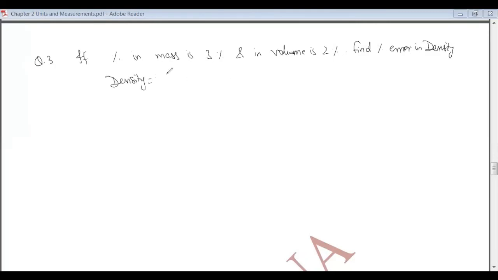So here you have to find out the percentage error in density. The percentage error in density will be equal to the percentage error in mass plus the percentage error in volume. Here the percentage error in mass is given as 3%. So the percentage error in density will be equal to 5%.